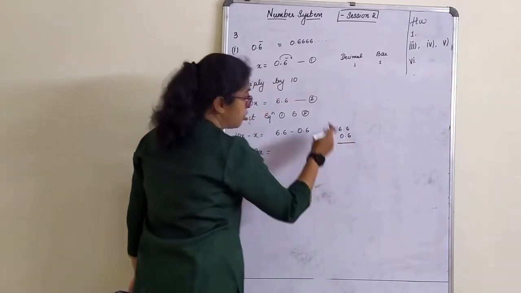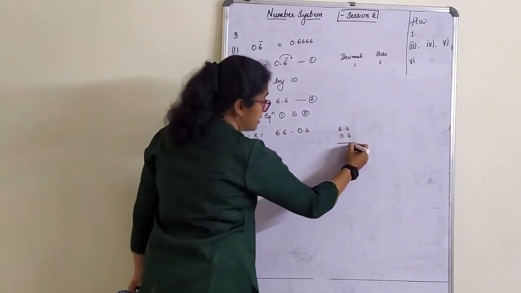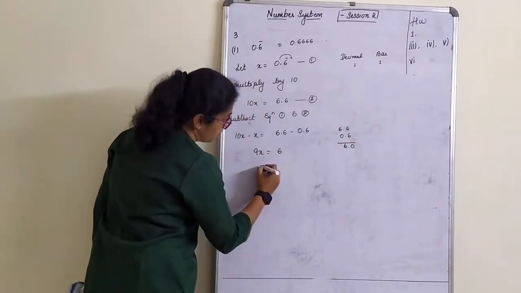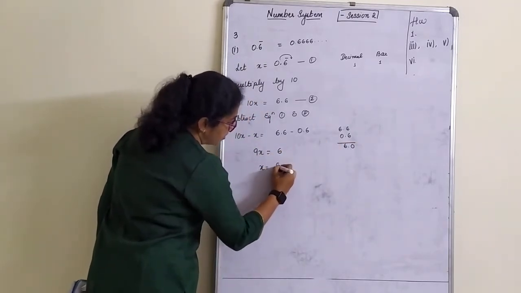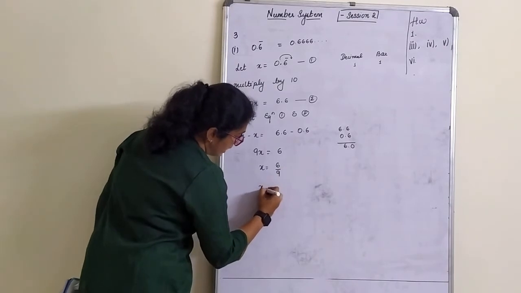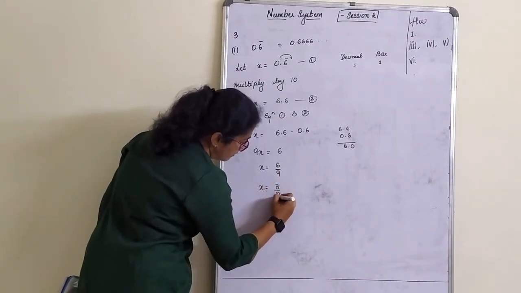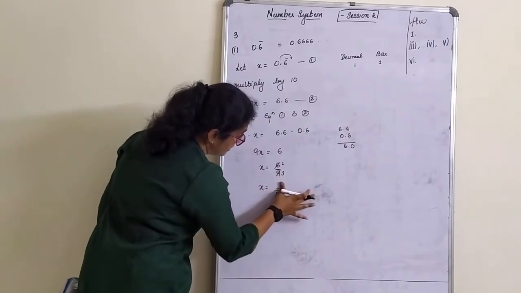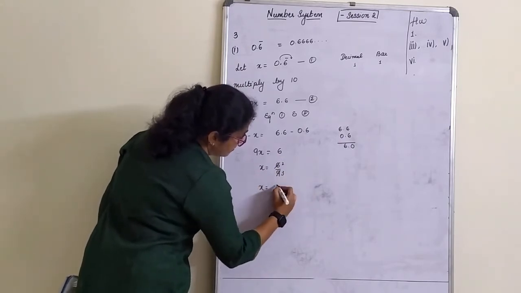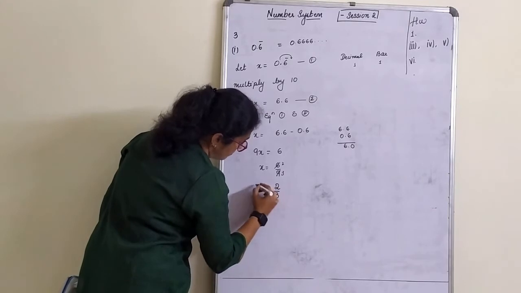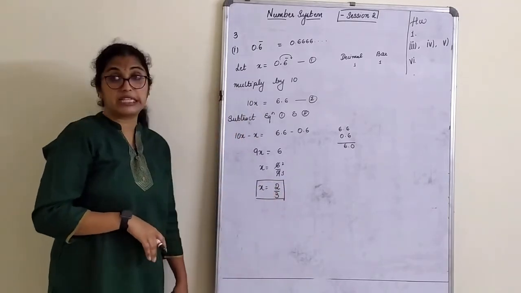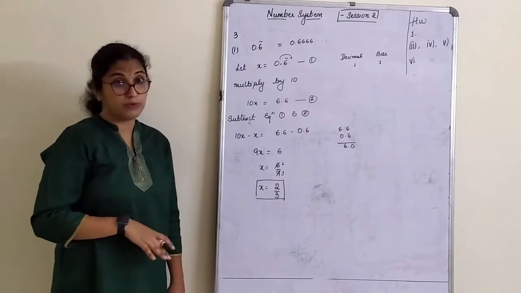Always have a working column with the points you have. 6 and 6 0. So this is 6. So 9x is equal to 6. x is equal to 6 by 9. x is equal to 2 by 3. 3 2s are 6, 3 3s are 9, so 2 by 3. This is how we represent 0.6 bar in the form of 2 by 3.